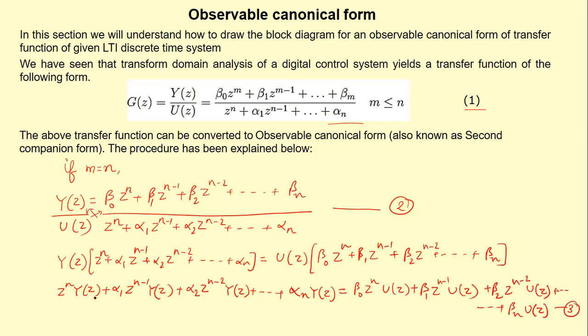Now what we will do is we will take all the coefficients on the one side and combine the relevant coefficients of z, like z^n coefficients will be combined together, z^(n-1) coefficients will be combined together, and in this way we will get a new equation. So let us take all these on the one side.